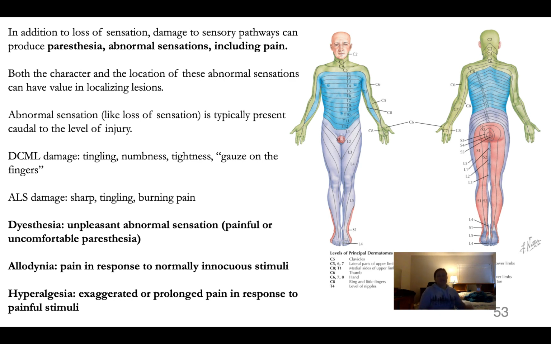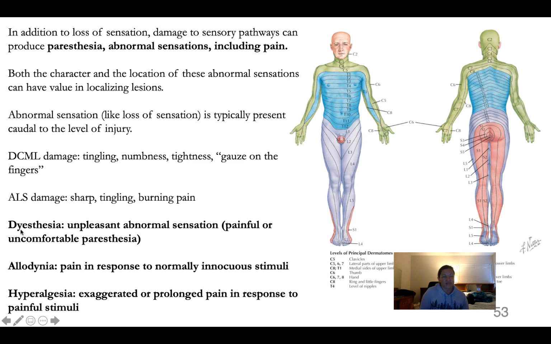Conversely, if you damage the anterolateral system, you can have loss of ability to distinguish pain, but you can also have paresthesia that resembles the information traveling in that system, like sharp, tingling, burning pain. So all of these are examples of paresthesia, which is abnormal sensation.